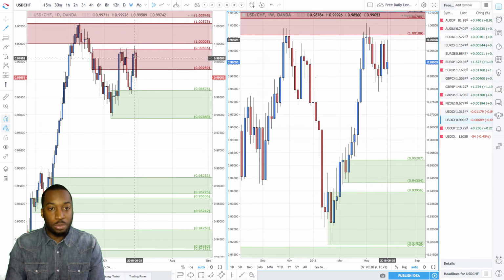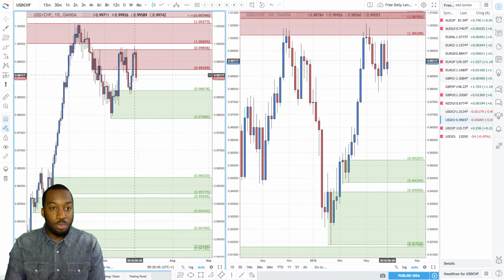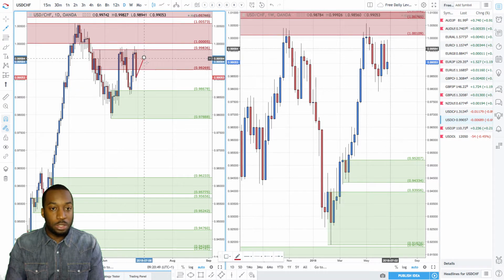We've had a move up, another move up into the top end of that supply zone, and then we've had this move down corresponding with some dollar weakness, right? So if you are looking to get short, you may want to wait for maybe a slight retracement potentially, if you can get one.